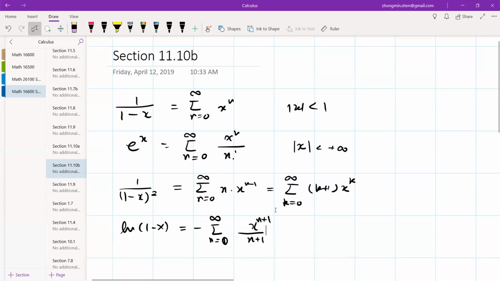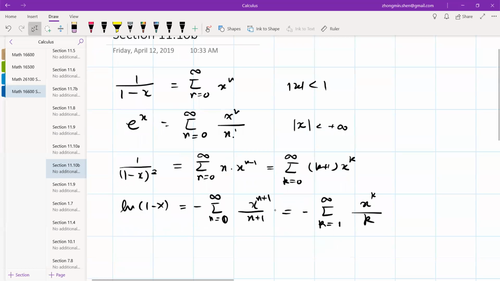And then if you want to use another index, it's actually going to be 1 here, and x to the power k over k. Okay. So if we differentiate, you get the 1 over 1 minus x back. Okay, and so on, right? And if you replace x by negative x, you get 1 over 1 plus x. Okay, so on.